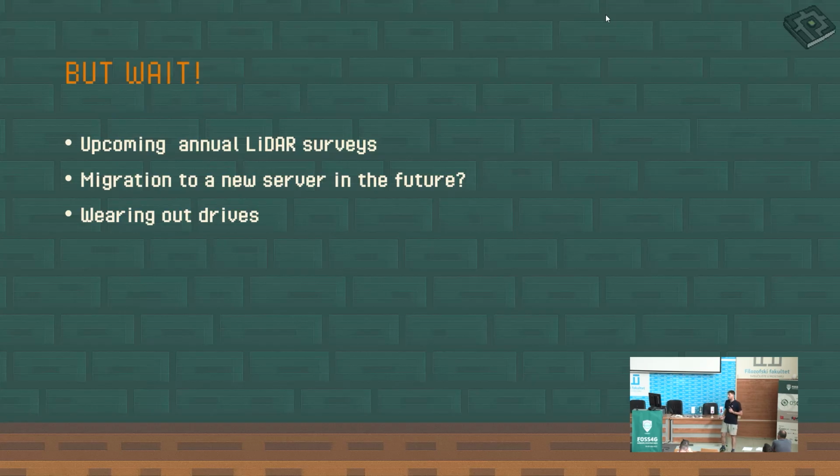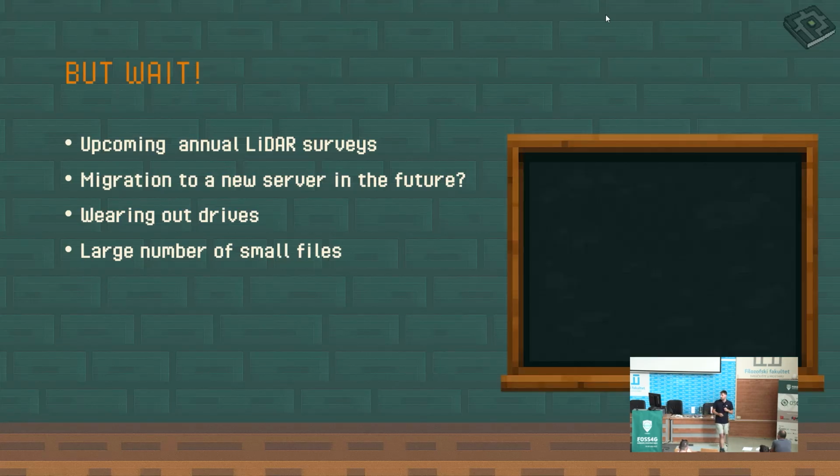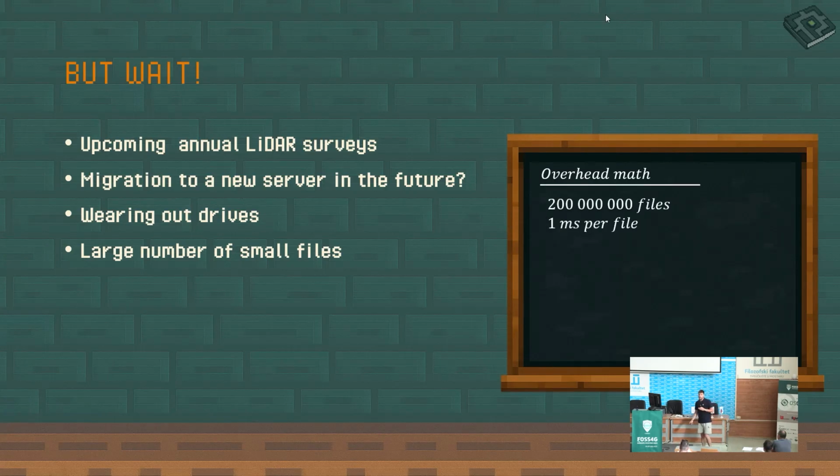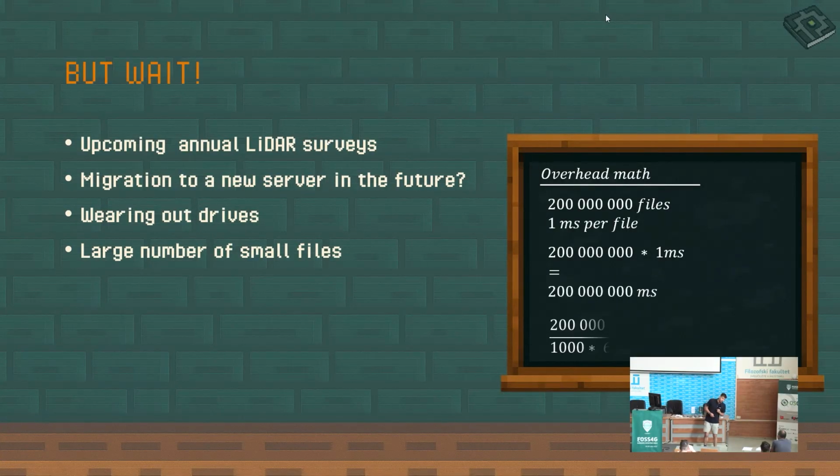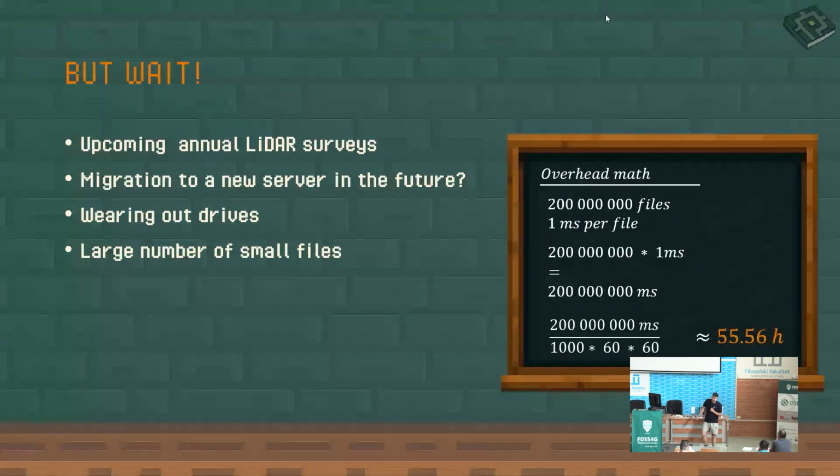And with a large amount of small files, we have to think about overhead. So let's do a little overhead math. Let's say we have 200 million files and an overhead of just, optimistically, 1 millisecond per file. That's 200 million times 1 millisecond, and we get 200 million milliseconds. When we convert that to hours, we get 55 and a half hours.